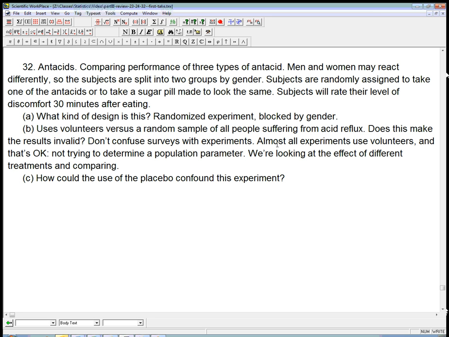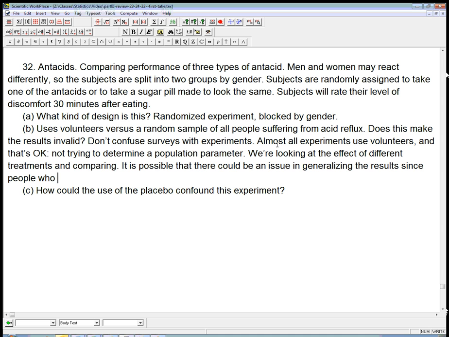But I just want to mention it is possible that there could be an issue in generalizing the results, since people who volunteer for the study may respond differently in a systematic way. So maybe here's a specific example.